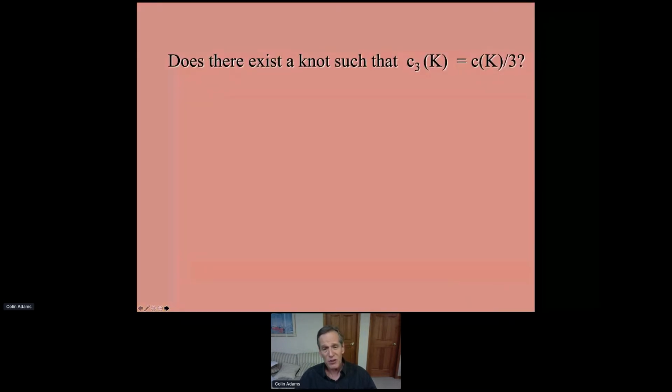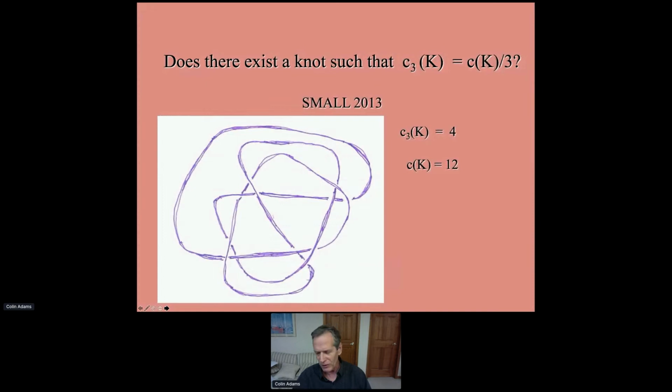So then you'd like to ask the question, do there exist knots such that the triple crossing number realizes this lower bound? And this was work from SMALL 2013. Now, SMALL is the summer research program funded by the NSF at Williams College. And I had a group working with me that summer, and we found this particular knot here, which is a 12 crossing knot. And in this picture, you can see the resolved triple crossing.